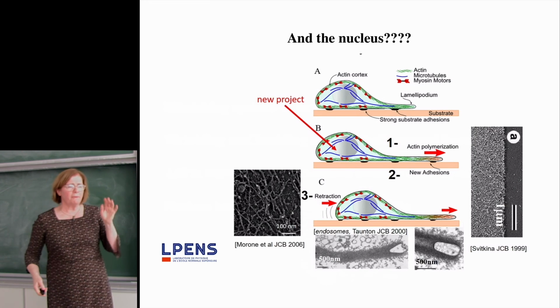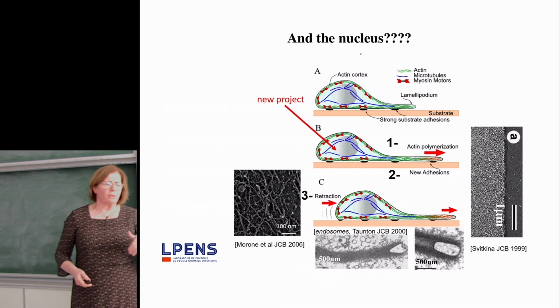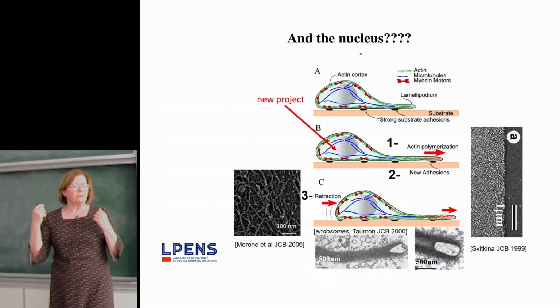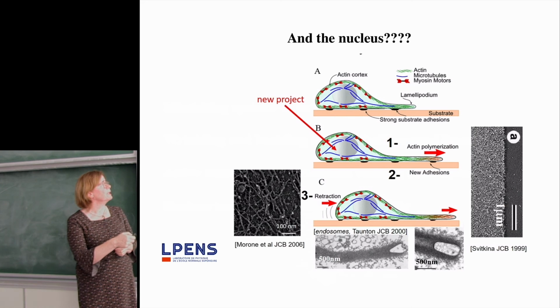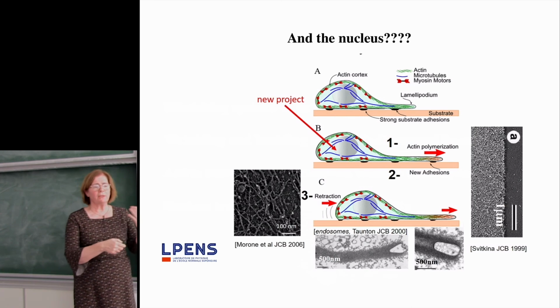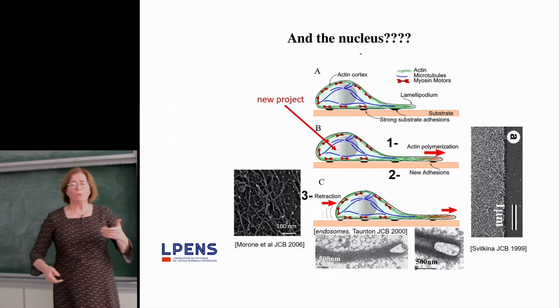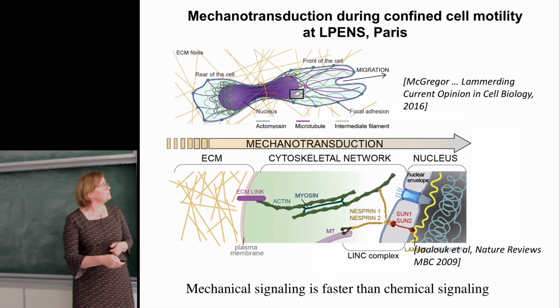But in fact, I've never considered that the cell has a nucleus inside. So the new project here was an occasion to give a new look at this cell motility with this question: how does the cytoskeleton pull or push the nucleus during cell motility?